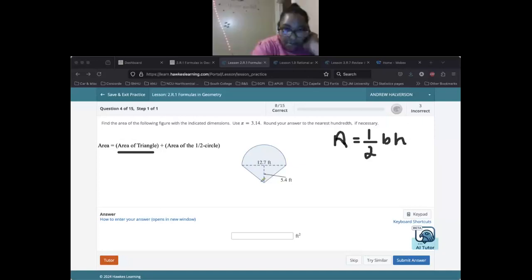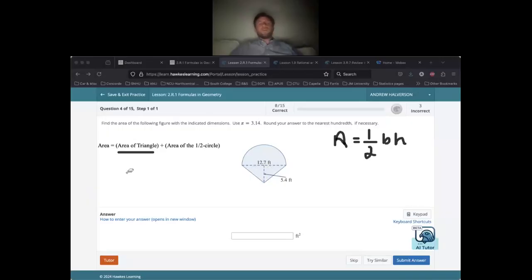This is the height, the vertical, usually what we say is the vertical. And this thing here is the base. Think of the base as what you sit on, and the height as how tall you are. At the end of the day, it doesn't matter which one you call B and H. But the base is the 12.7, and the height is the 5.4.